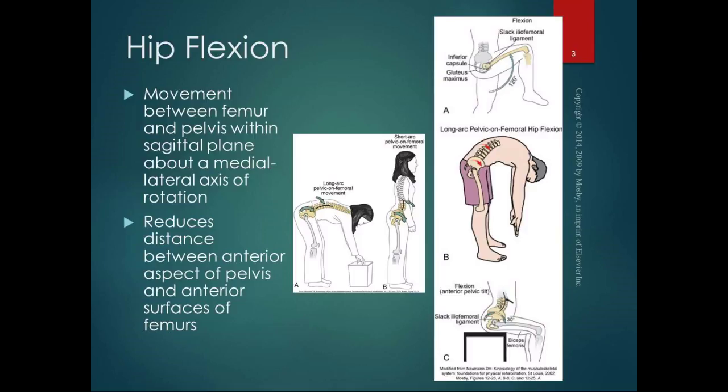Okay, so in the pictures on the right, it shows the bending over is the long arc pelvic on femoral hip flexion, and then it has a seated anterior pelvic tilt, which is the short arc. So it can be a standing or seated anterior pelvic tilt for that short arc pelvic on femoral closed chain motion.